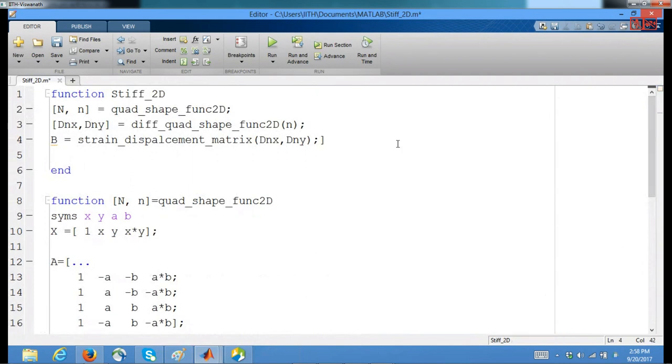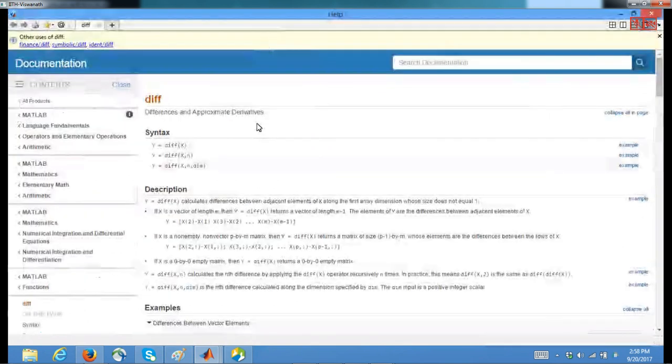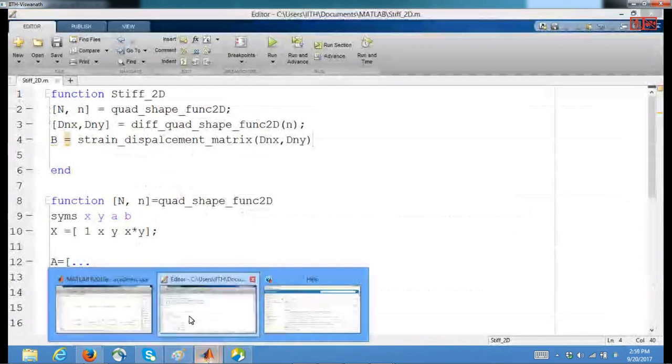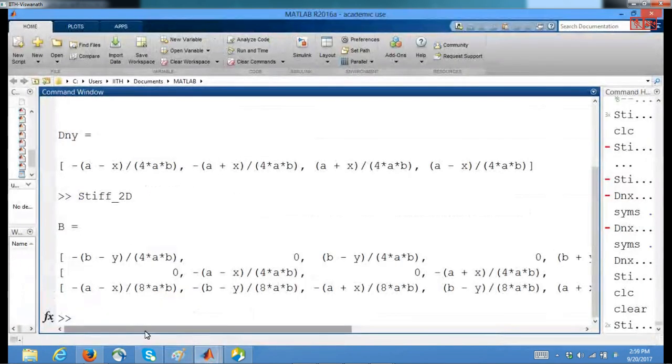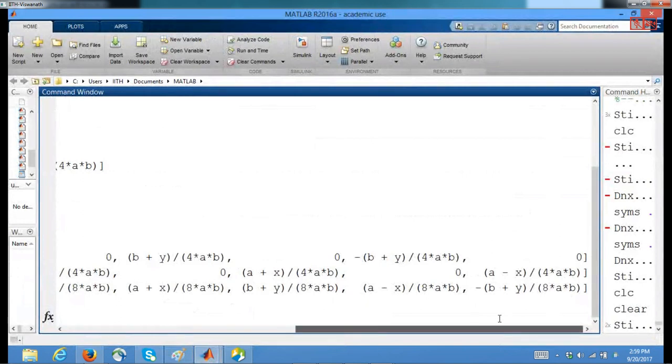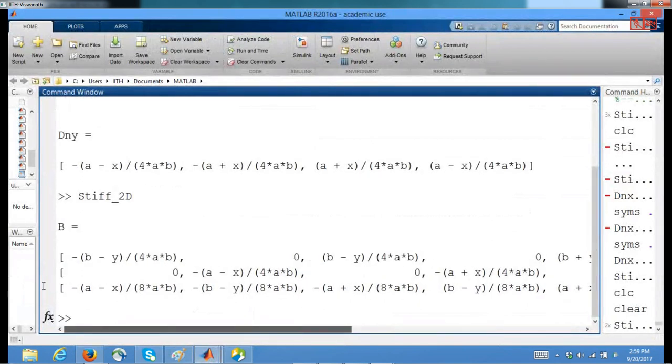If I run it, I should get my strain displacement matrix. This is my strain displacement matrix available as it is. Okay, so now I have obtained the strain displacement matrix.